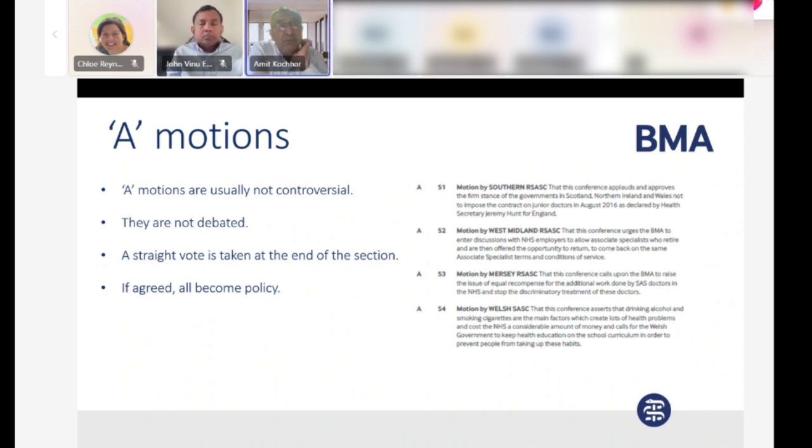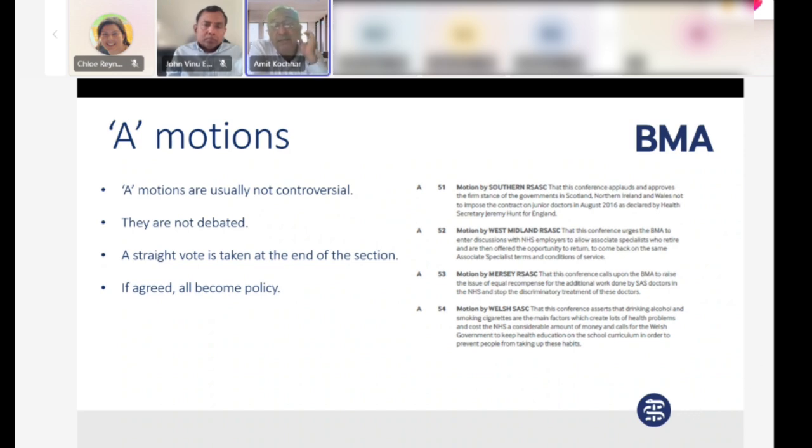So, for example, if somebody puts a motion today that reopens the associate specialist grade, it will be debated. But if they put the motion 5 or 6 years ago and it was always policy, it would become an A motion. If something is already policy, we tend to make it an A motion.